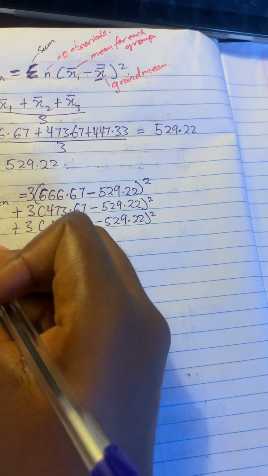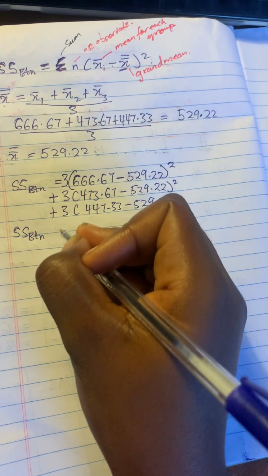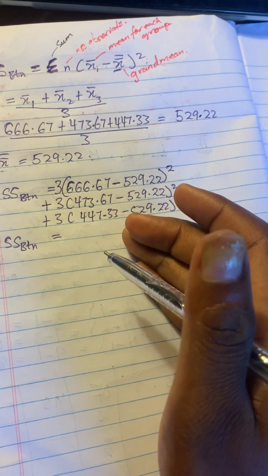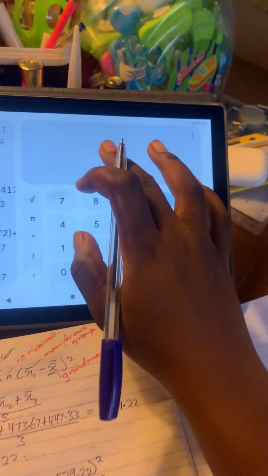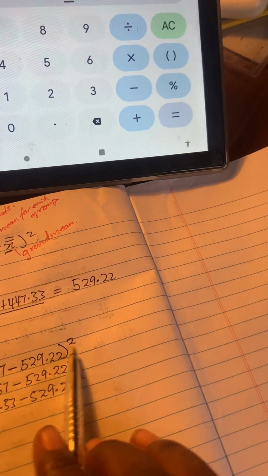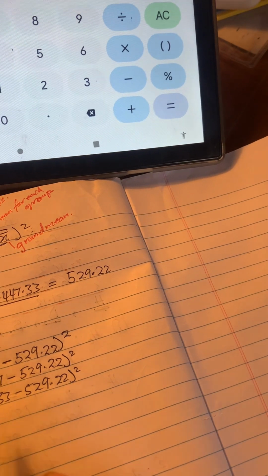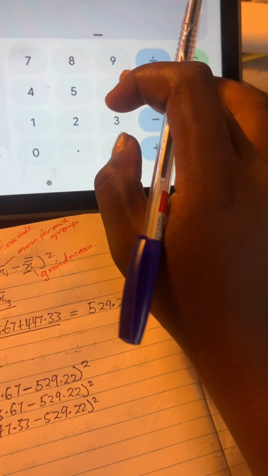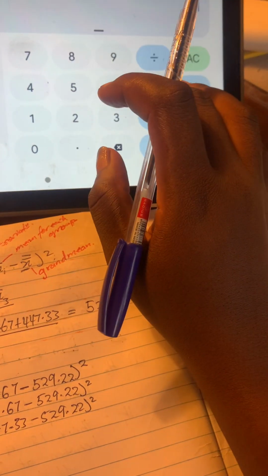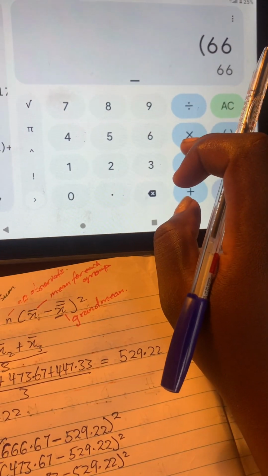When we finish, we compute it using our calculator to find the sum of squares between. We enter all our calculations, one after the other.